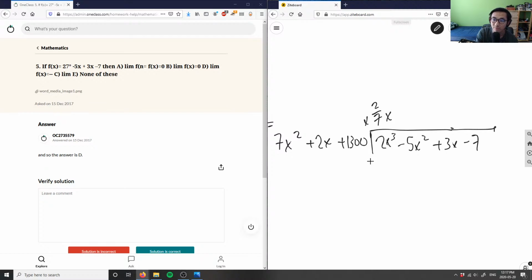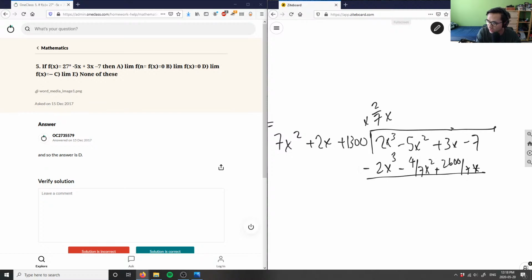So I'm going to multiply everything by 2/7 x. This would give me 2x cubed, obviously. And we get 2 times 2/7, which is 4/7 x squared. And then 2/7 times 1300. So let me just use my calculator here. 2/7 times 1300. I don't think this is going to go evenly. Yeah, it's not going to go nicely. So this is going to be plus 2600/7 x here.